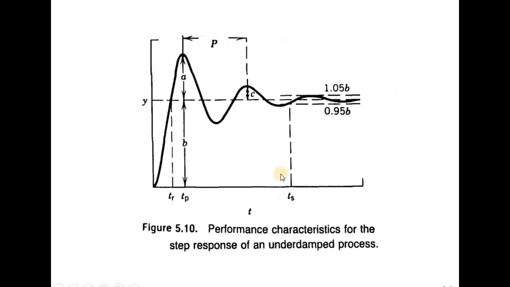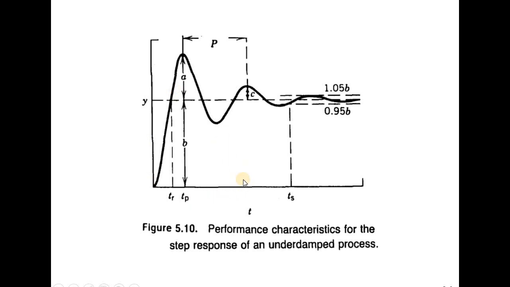And now, after we have seen what the performance characteristics will be for the step input to an underdamped process, I know we did not go into the details of the step input and the partial fraction decomposition, but this is a typical response of a step input to a second order process.